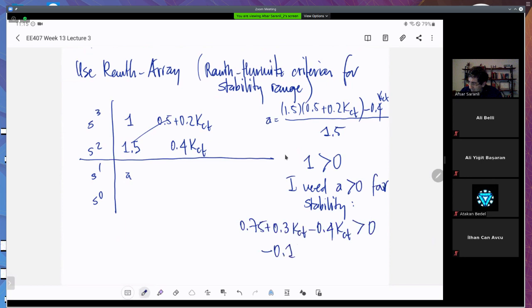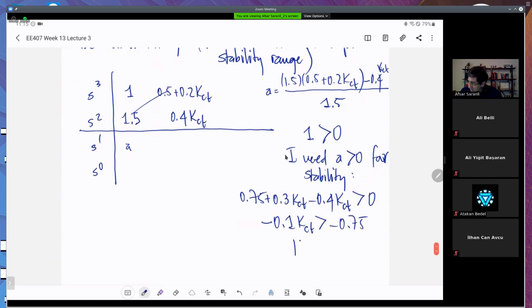Minus 0.1 KC is larger than minus 0.75. Therefore, KC needs to be smaller than 7.5. So there is an upper limit on KC. Now, in the previous example, remember, I was free to increase the gain to my liking, but when I removed the inner loop, I was limited from the top by 7.5 on my KC range.